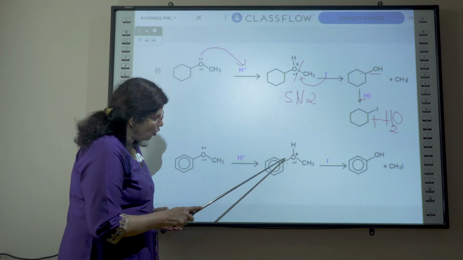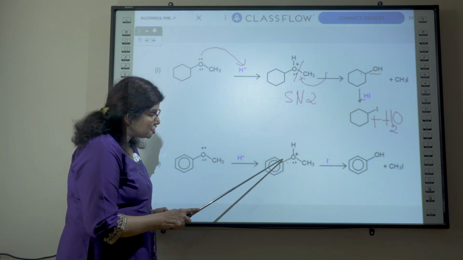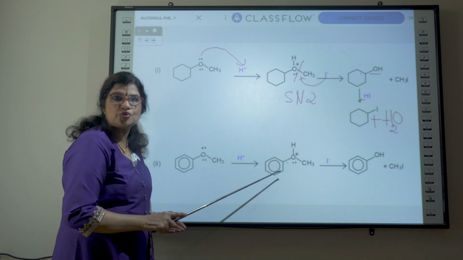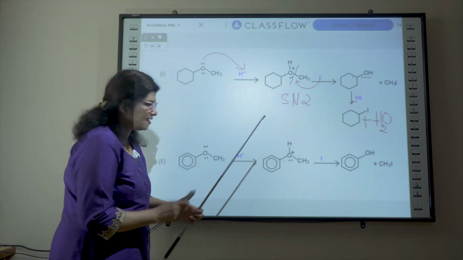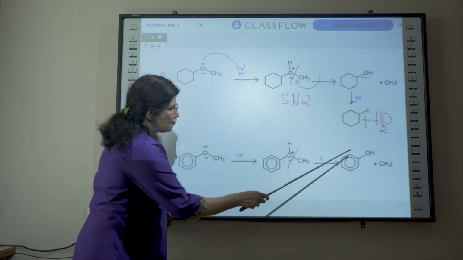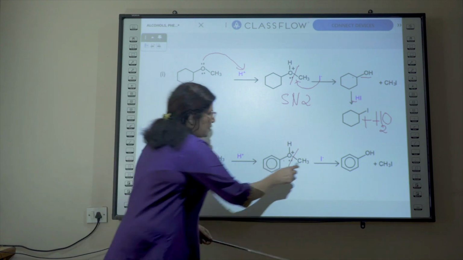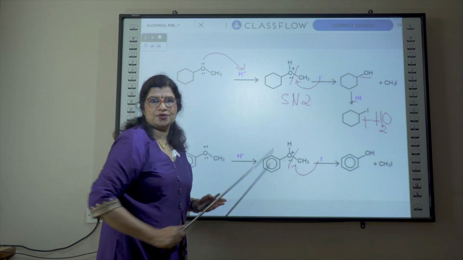Now this C-O bond is very difficult to break because of the partial double bond character due to resonance. As a result this C-O bond will not break. It is this C-O bond which will break, resulting in the formation of phenol, and the iodide ion will be attracted to this carbon to give you methyl iodide.